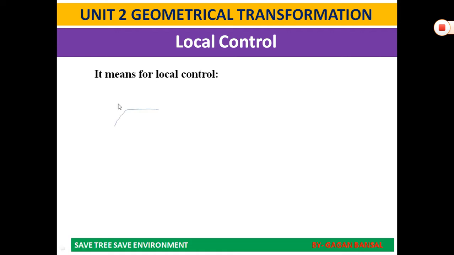Suppose I have a curve, this is the defined curve, and it is defined by certain control points. These are the well defined control points. Let us name them 1, 2, 3, 4, 5, 6, 7, and suppose I see that this 4 is not the required or desired control point, it is somewhere else, at a point 4 dash.